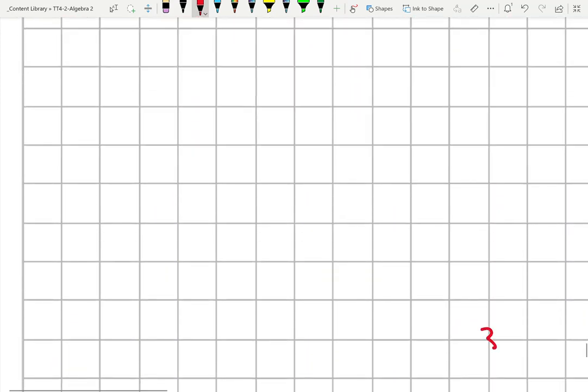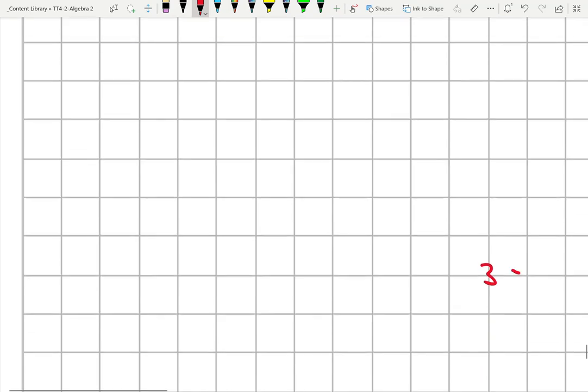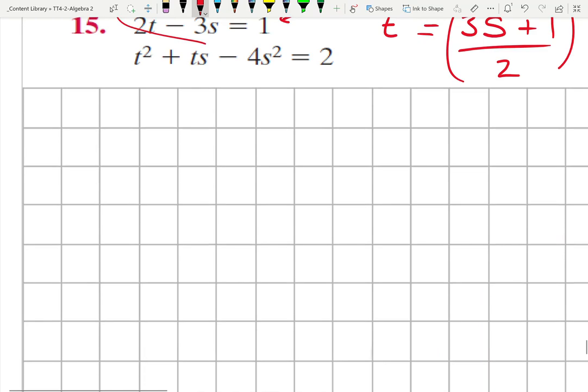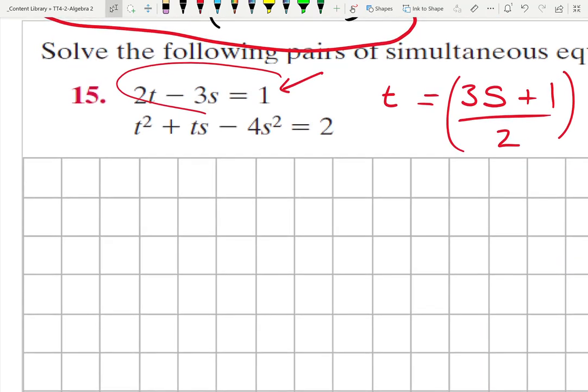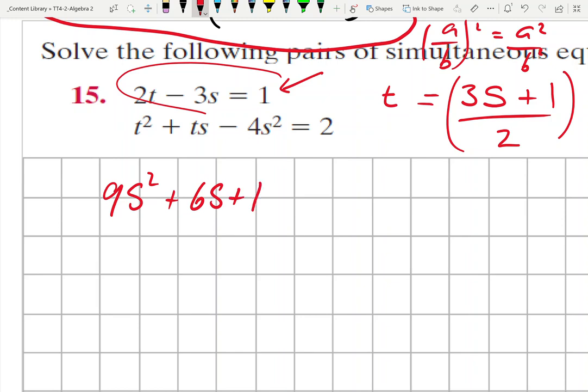Fraction, square the top, square the bottom. So 9s squared plus 6s plus 1 over 4. Now because of that, but we'll deal with that 4 in a minute. Plus s of them. 3s squared plus s, that's the distributed s gone in there, over 2 minus 4s squared equals 2.